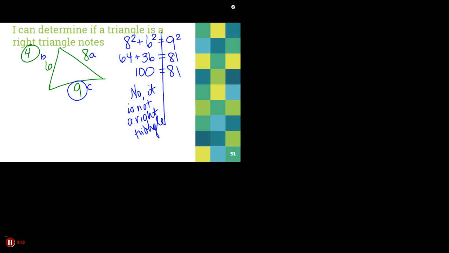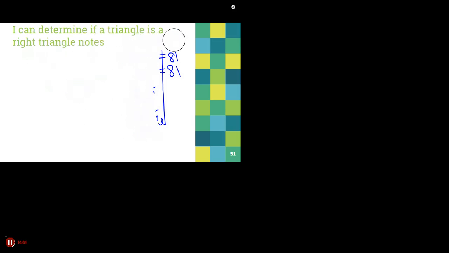Pretty easy concept, pretty easy math. Make sure you show all of your work. I'm going to give you 3 problems that I need you to do on your own. And I'm going to be looking for the correct answers on those when you bring up your note sheet to be checked off by me. The directions on all of these are to determine if they would form a right triangle.